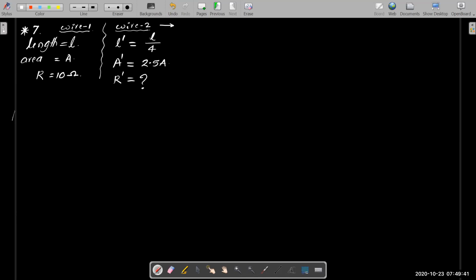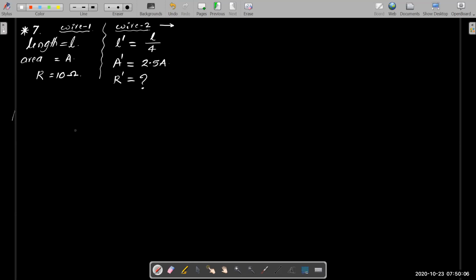For the second wire, I have taken the length as L dash, which is L by 4, one fourth of the length of wire 1. Then A dash, the area of cross section, is 2.5 times the area of cross section of wire 1. Then what is the resistance of this wire 2? It has been asked.